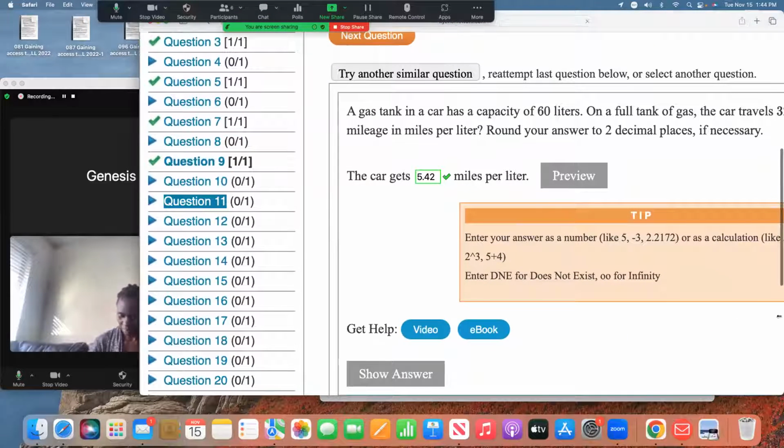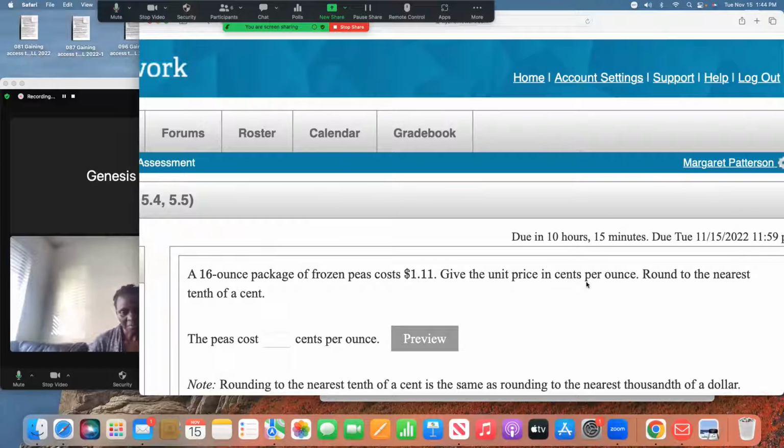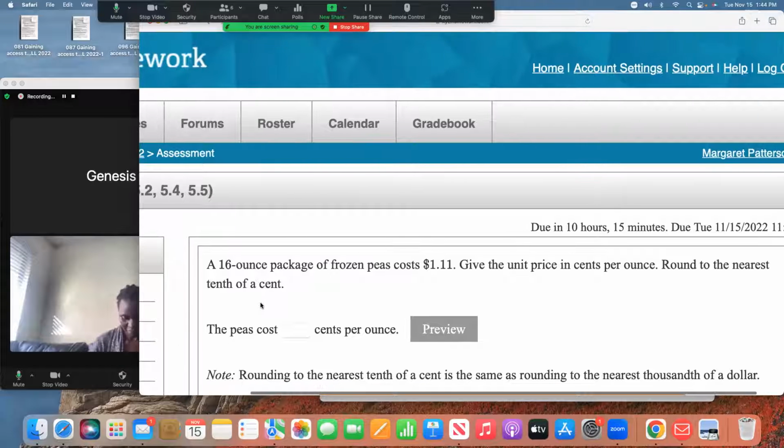We're happy. 11. Okay. 16-ounce package cost $1.11. Give the unit price in cents per ounce, round to the nearest tenth of a cent. Okay, there's a couple of possibilities for having trouble here.